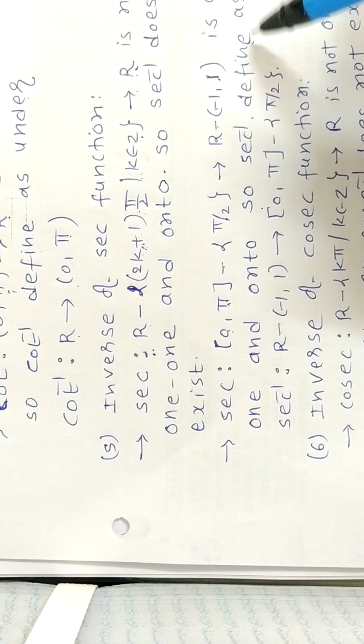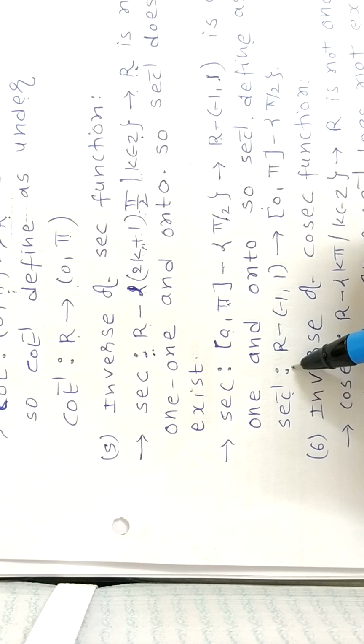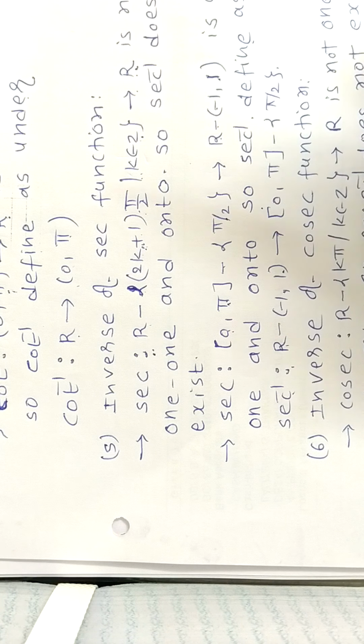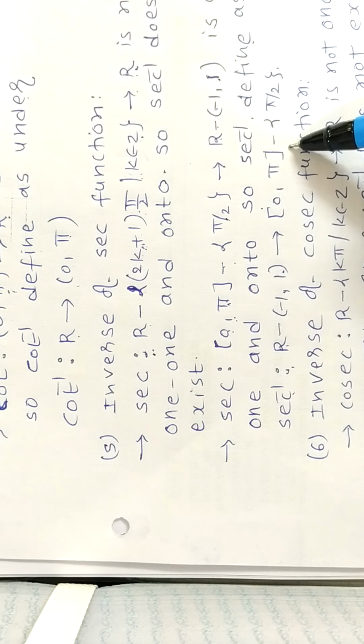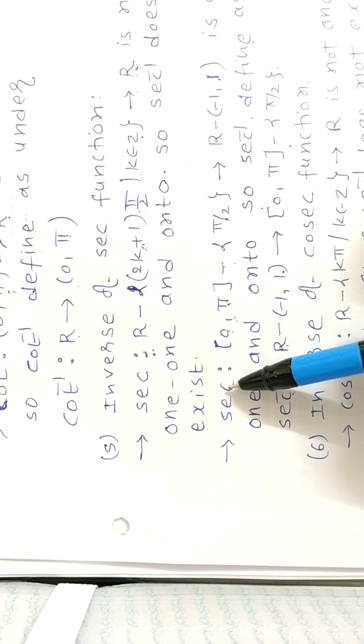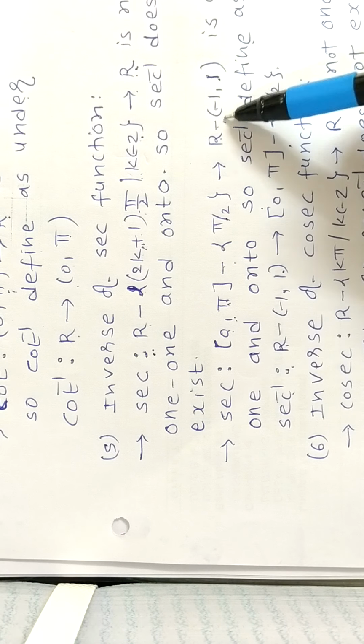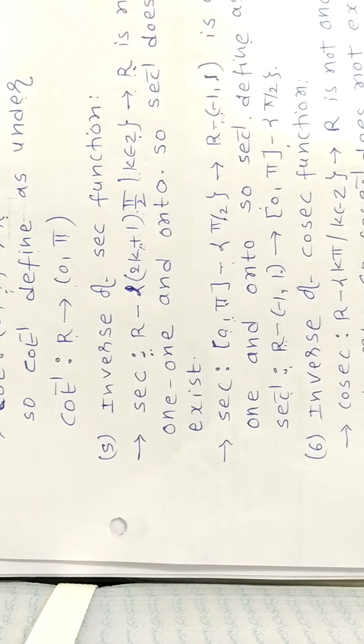So sec inverse is defined as under: sec inverse, R minus minus 1 to plus 1 to 0 to pi minus pi by 2. The new domain of sec function becomes the range of sec inverse, and the codomain of sec function becomes the domain of sec inverse.